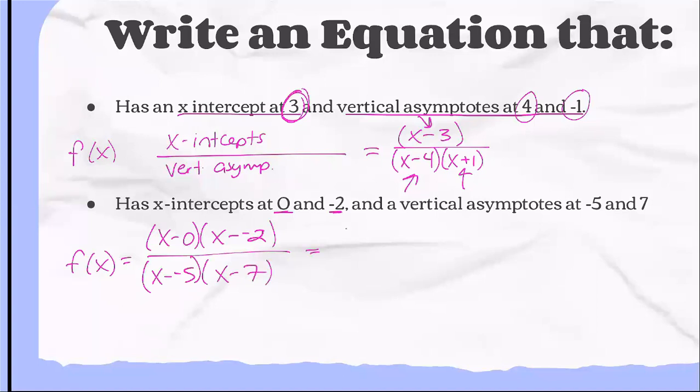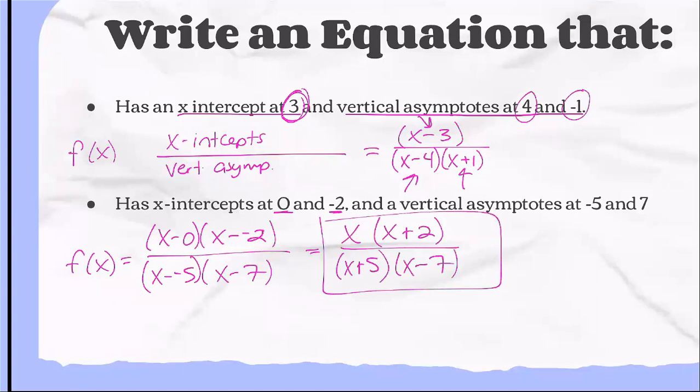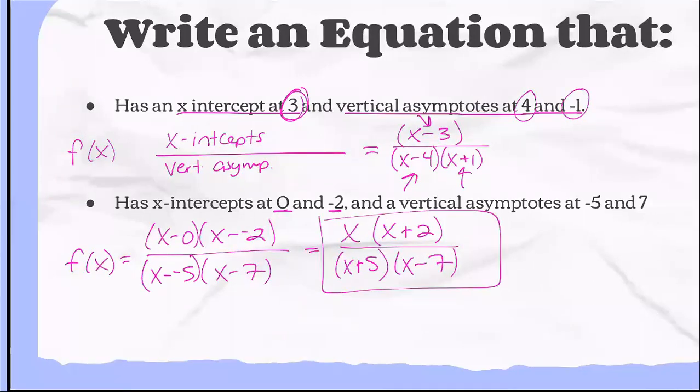Solving it down, it would be x minus 0, which is just x. And that would be x + 2. The two negatives make a positive. On the bottom, it'd be x + 5, again with the double negatives, and x minus 7. And there we go. There's our equation for a graph that had that.